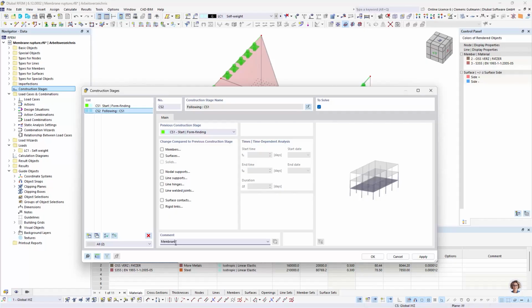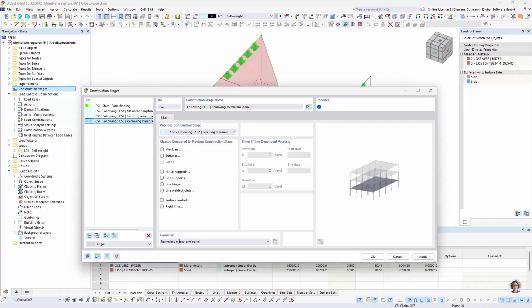Then we have a second one. This will be the membrane rupture, and the third one, where we are going to look at or apply securing measurements, and the last part will be removing membrane panel.